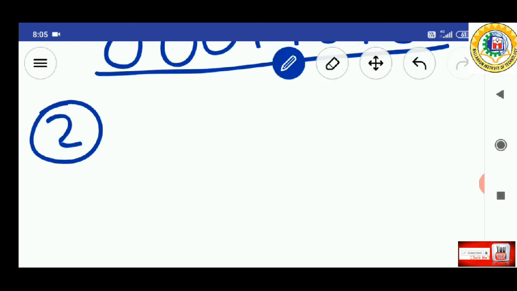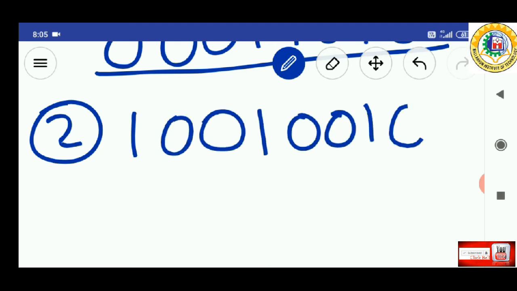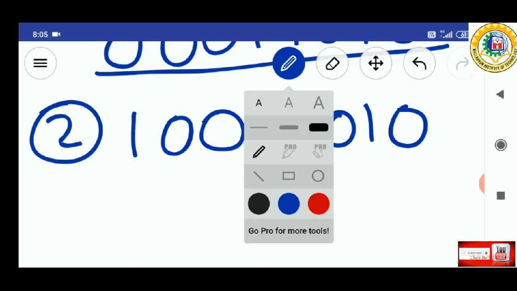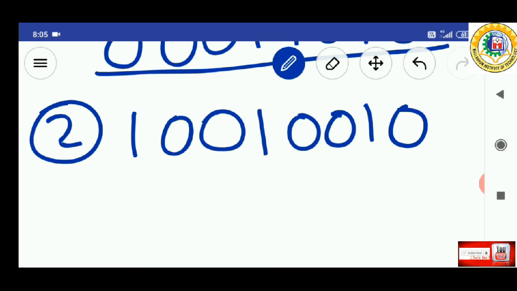So, arithmetic right shift. Suppose this is your data: 1 0 0 1 0 0 1 0. This is your 8-bit data, bits 1 to 8. In the arithmetic right shift, what we want to do is preserve the sign bit.